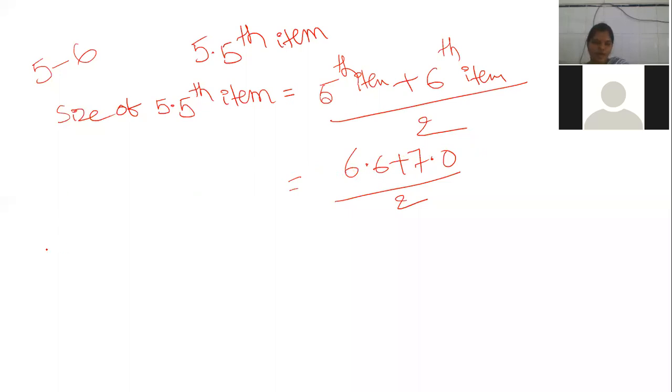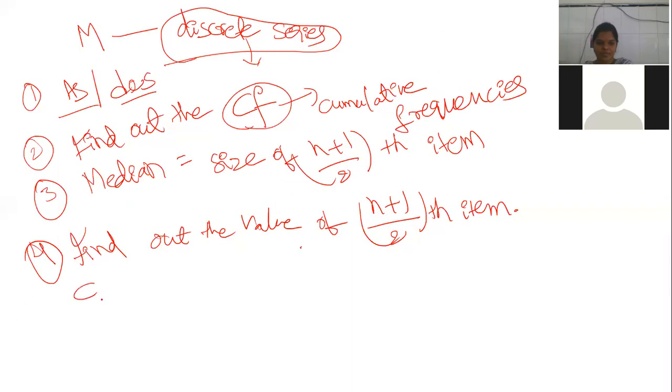The last, fourth point is to find the value of the (n plus 1) by 2 item.